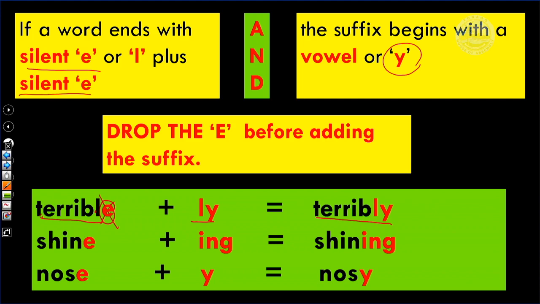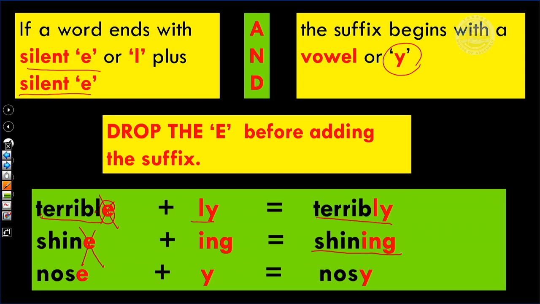We drop the E, so this E is removed, and we go right ahead and add our ing to form the word. Which word are we forming when we drop the E and add ing? Yes, the word is shining.